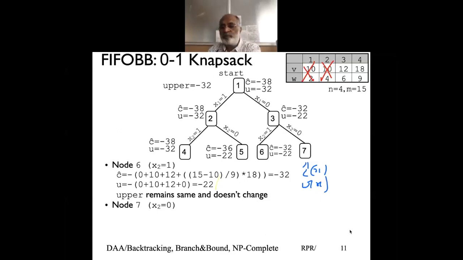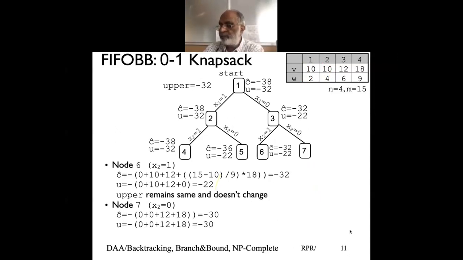What is the answer? Minus 30, yes. The answer is minus 30 because we take the first item weight of 6, second item weight of 9, this makes it 15. I'm within my capacity, so my value would be 12 and 18, it becomes 30, so I get minus 30. And since there is no partial item, both C hat at X and U at X would be minus 30.